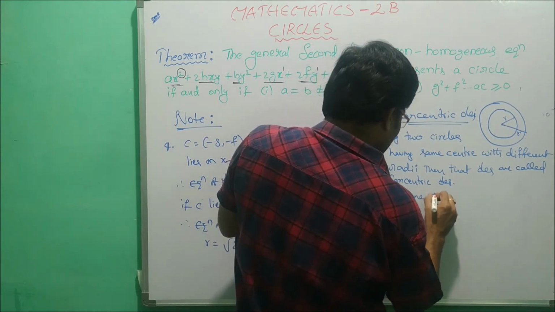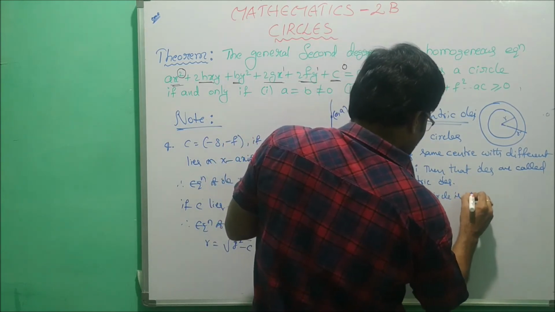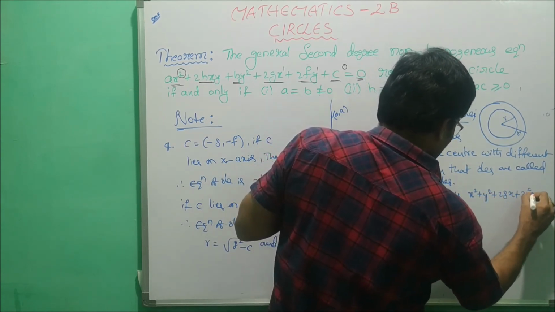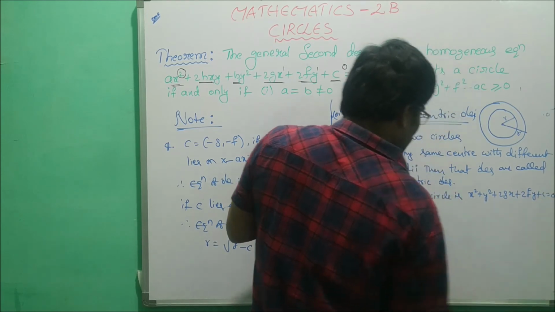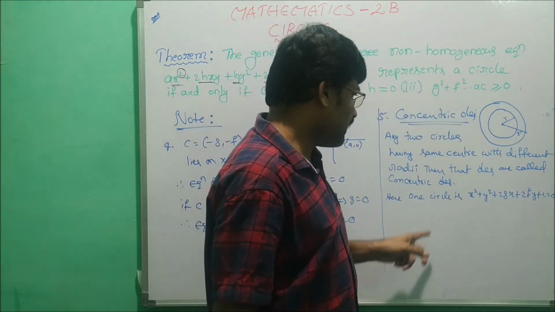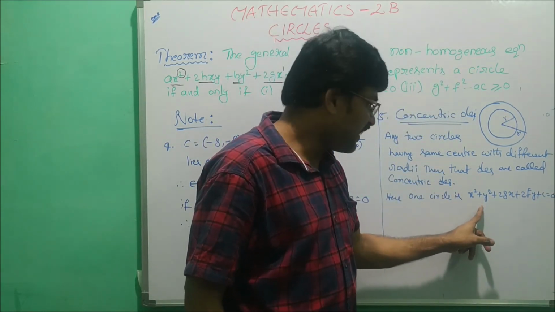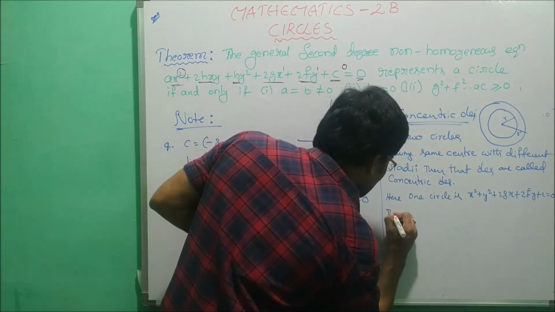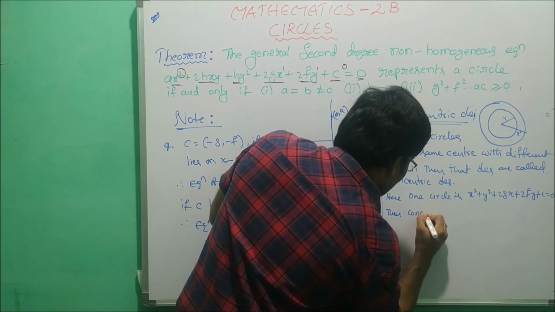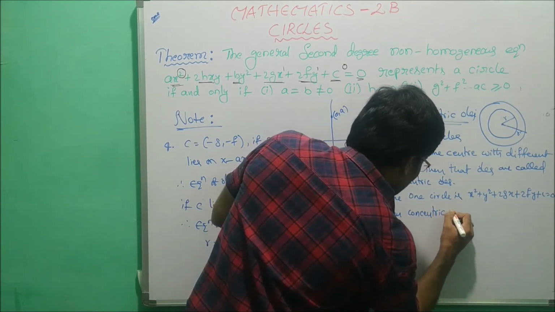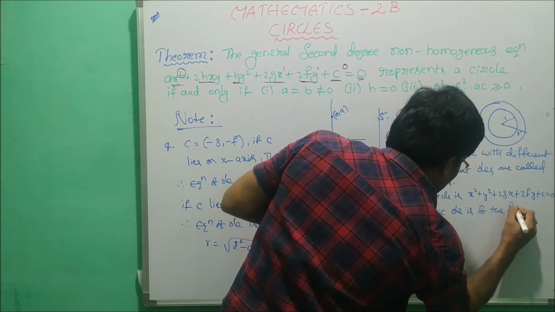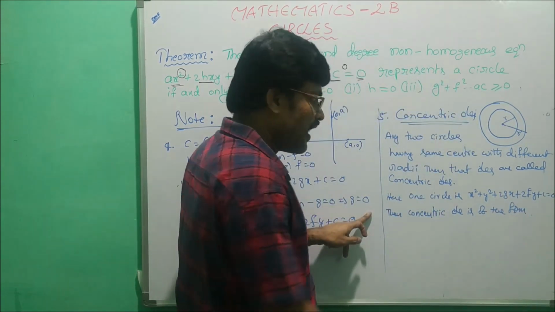Here one circle is x square plus y square plus 2gx plus 2fy plus c equals 0. Now any circle concentric with this circle is of the form having the same center.